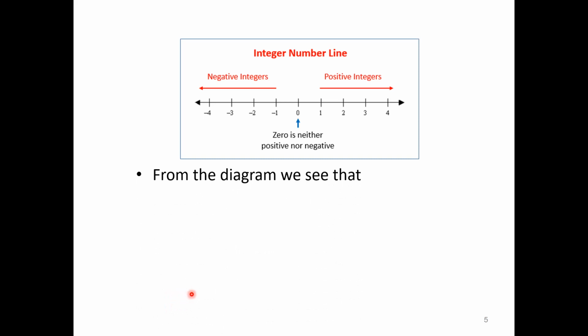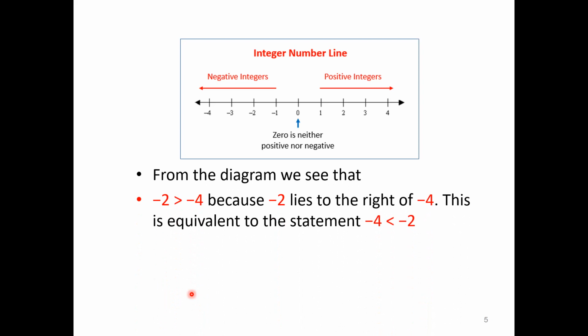From the diagram, we see that the number -2 is greater than -4. Why? Because -2 lies to the right of -4. This is equivalent to the statement -4 is less than -2, because if -2 is greater than -4, it means that -4 is less than -2.